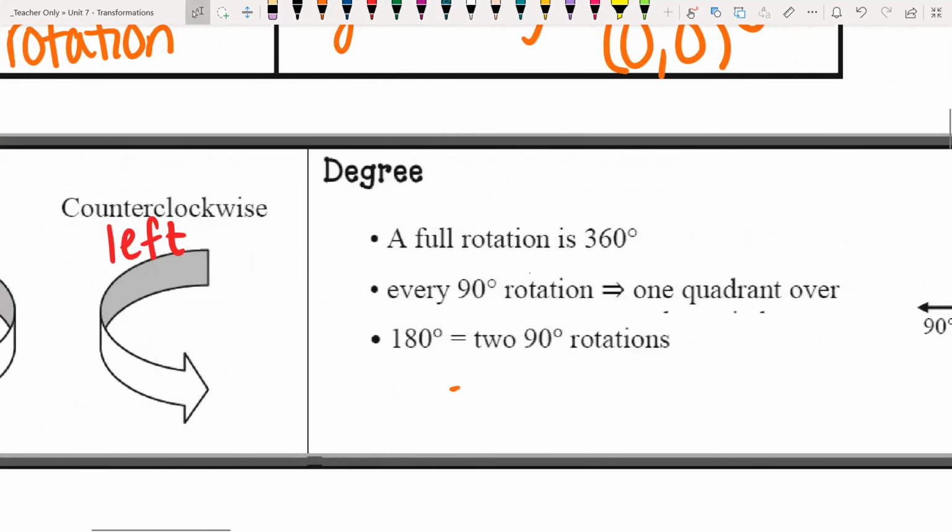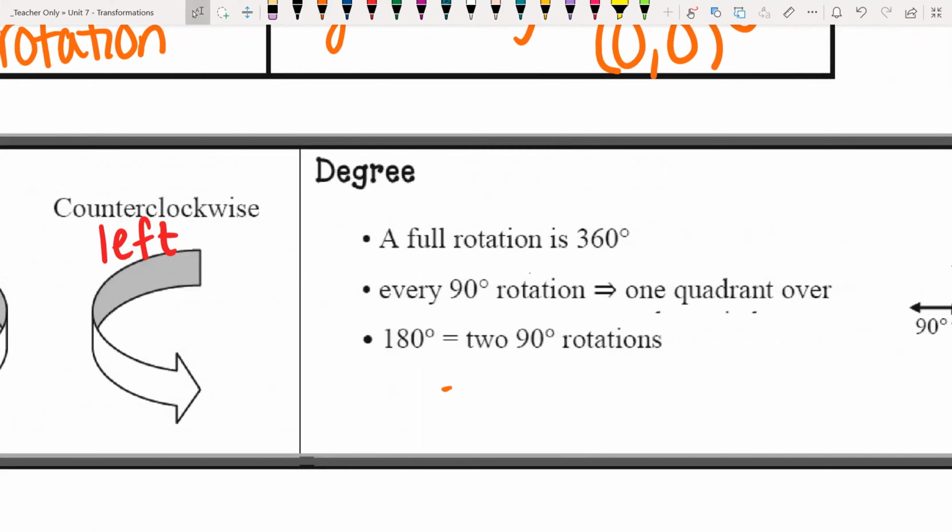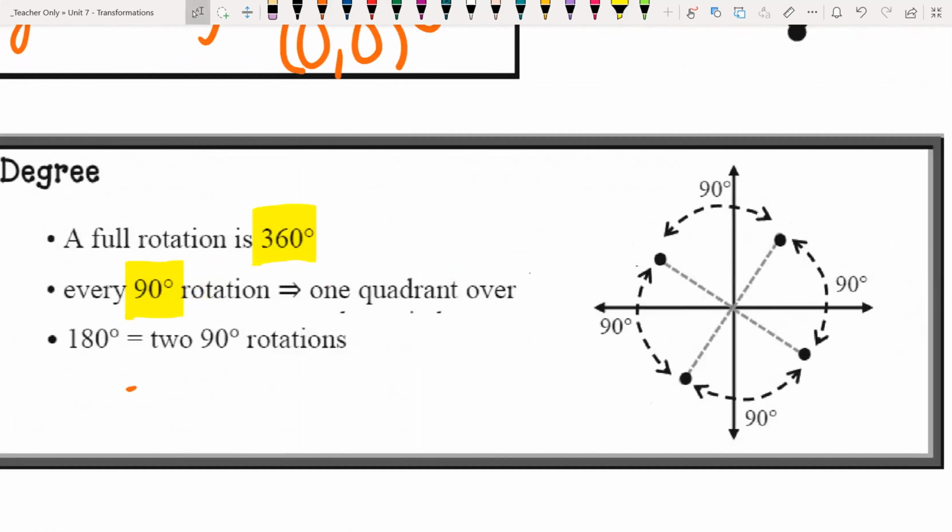There's also the degree in which you rotate, or how much you rotate. A full rotation is 360, so that's rotating it all the way around in one direction. Every quarter is 90 degrees. So looking at this, if I move it from here to here, I moved it 90 degrees.